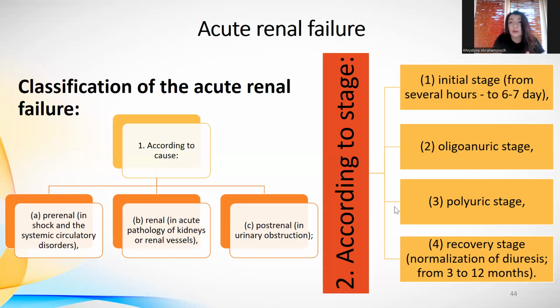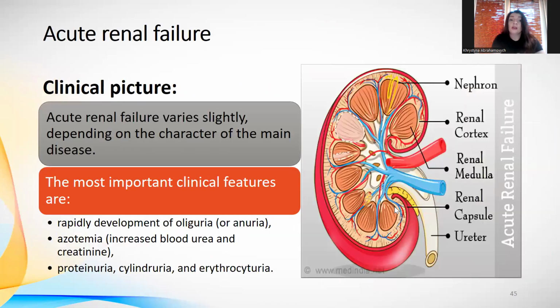So, in other words, we can conclude that acute renal failure can be cured, and this is good news. Now, clinical picture. Acute renal failure varies slightly depending on the character of the main disease. The most important clinical features are rapid development of oliguria or even anuria, azotemia, and finally proteinuria, cylindruria, and erythrocyturia.